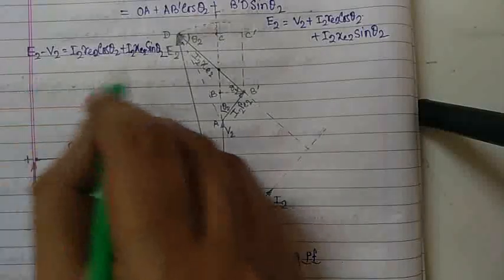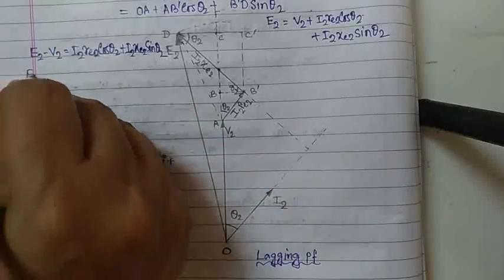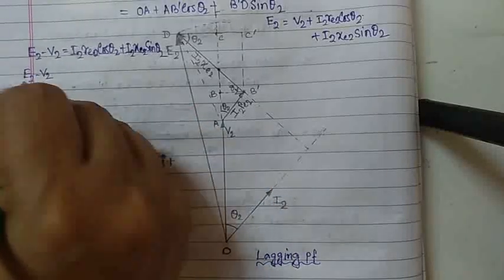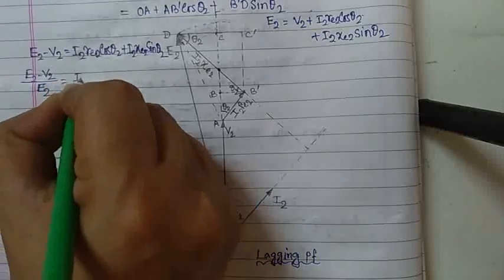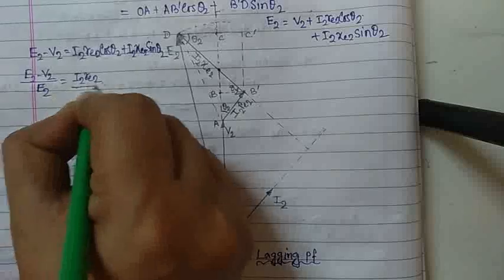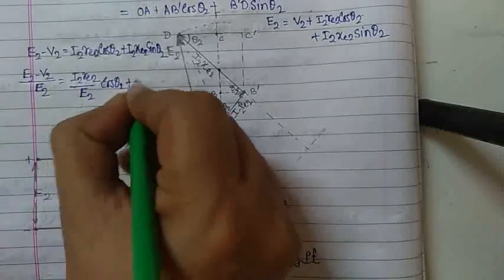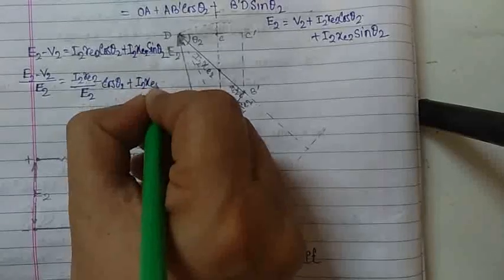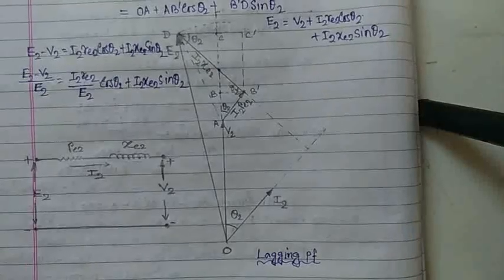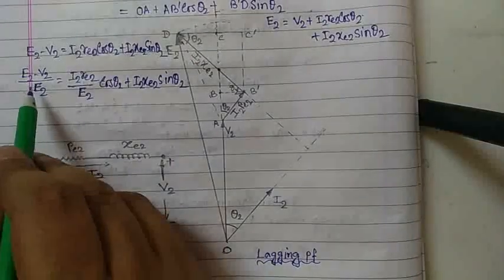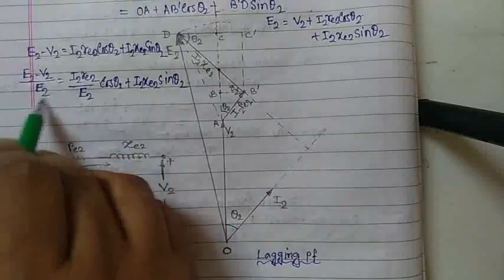Now dividing both sides by E2, that is (E2 minus V2) by E2 equals (I2 RE2 by E2) cos theta 2 plus (I2 XE2 by E2) sin theta 2. So (E2 minus V2) by E2, as you know, is the per unit voltage regulation.